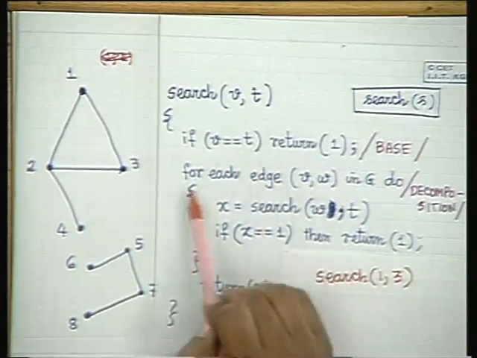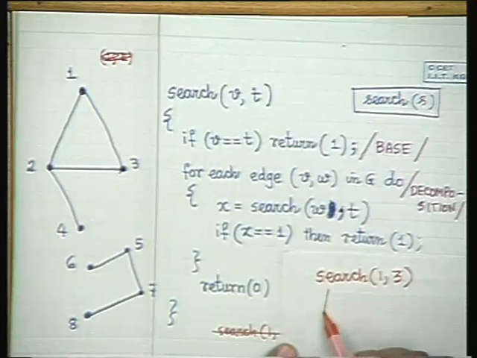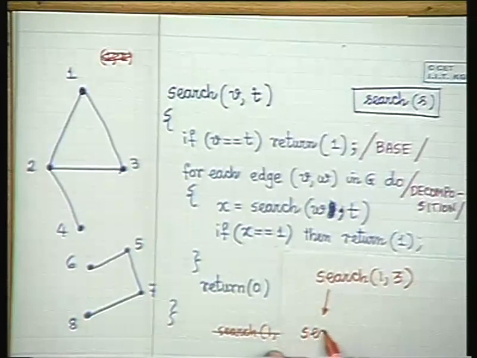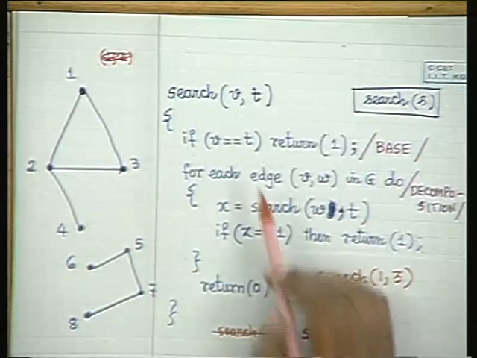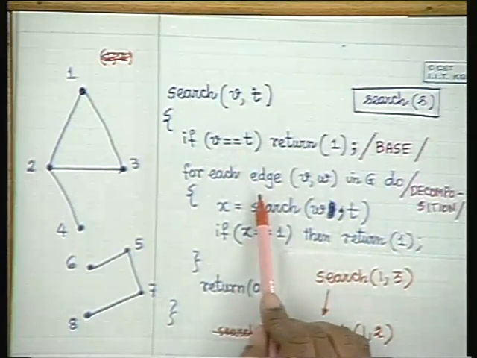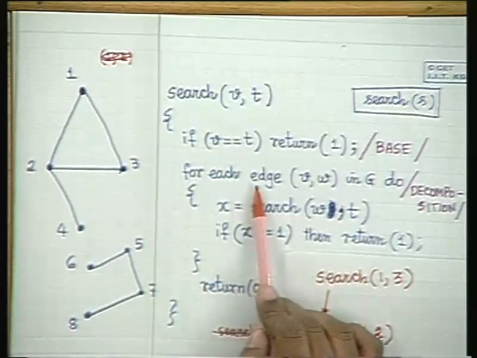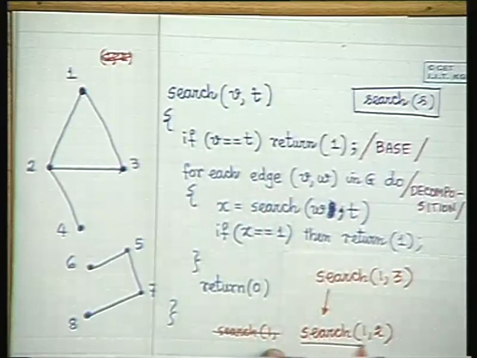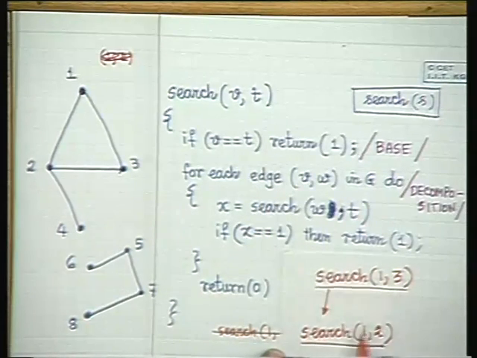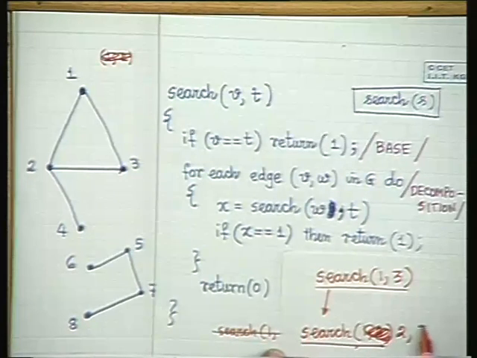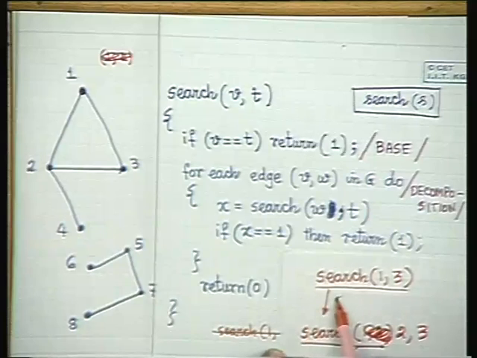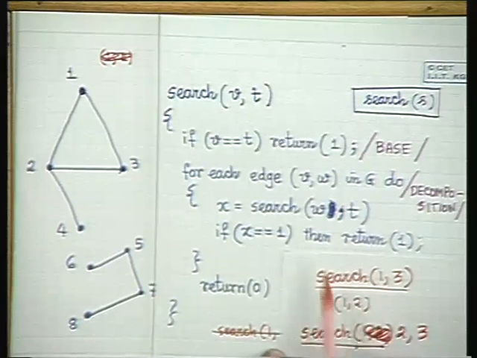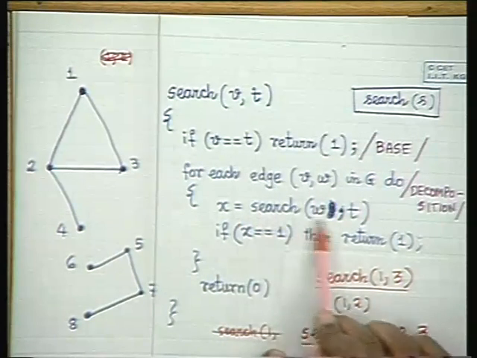It will come here, this is not true, so for each edge it will first call search 2, 3, because W is 2 for the edge 1, 2, so it will call search 2, 3.